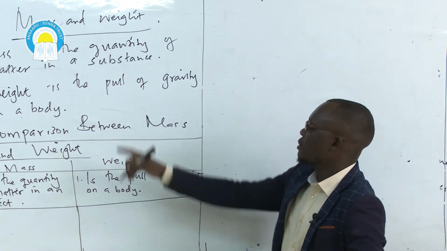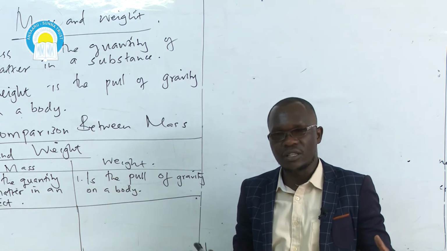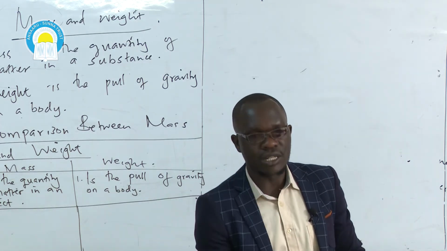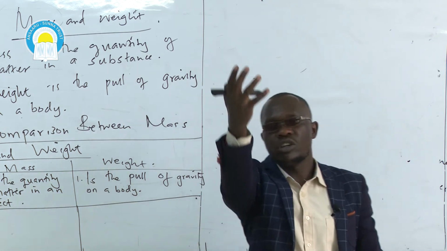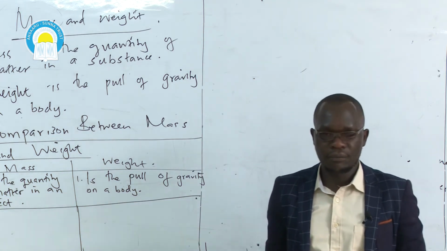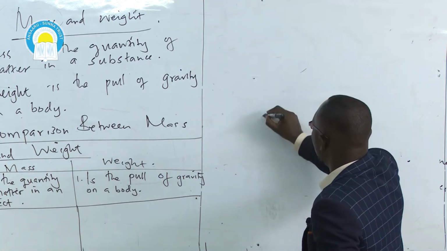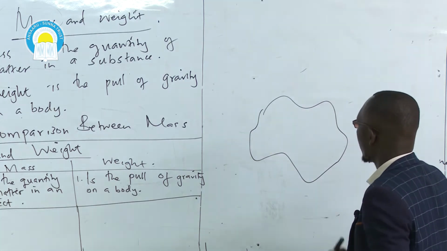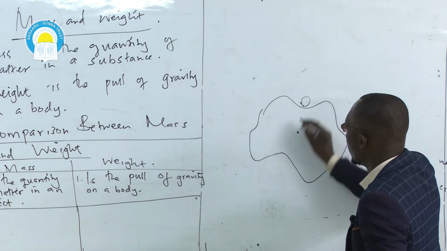Because we are saying that weight is the pull of gravity on a body. All objects on the Earth's surface experience a pull, and the pull is a pull of gravity. And we say the bigger the body is, the more force it is pulled with. So what happens is, we understand the Earth's surface. An object here is being pulled.